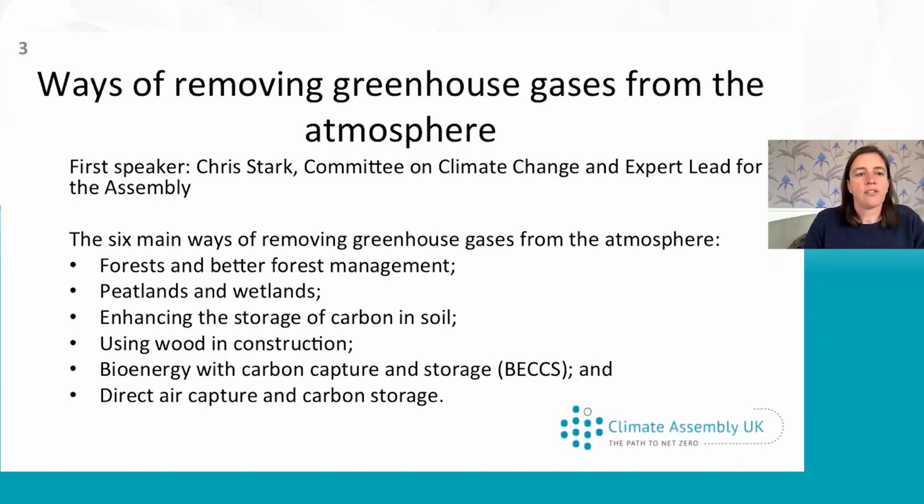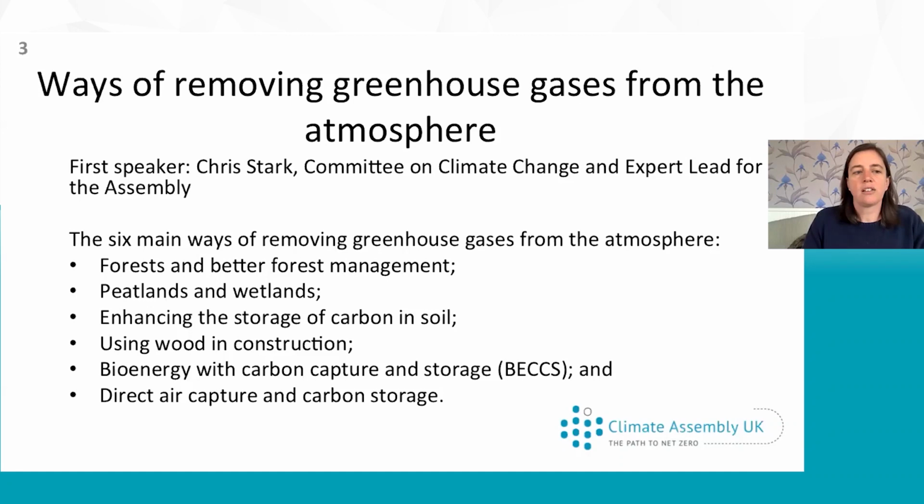First of all, you're going to hear from Chris, who heads up the Committee on Climate Change, which advises government. Chris is also an expert lead for the Assembly. He'll be speaking as an informant, explaining the 6 main ways of removing greenhouse gases from the atmosphere and talking about the advantages and disadvantages of each. Those 6 ways are: firstly, forests and better forest management.